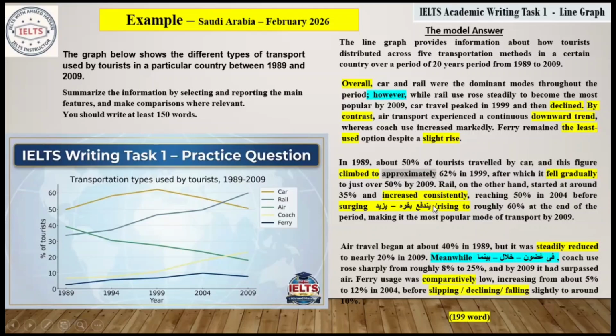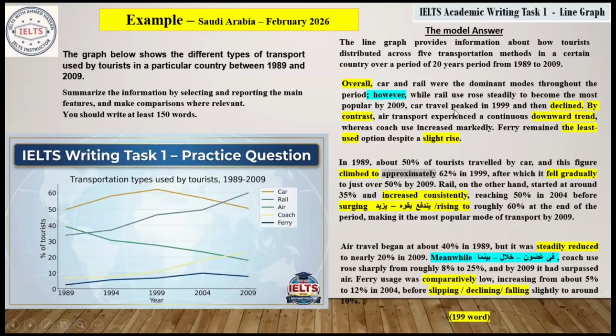If you see the word counting, you will find it. I want to ask you one question about this sentence. Car and rail were the dominant modes throughout the period. However, rail rose steadily to become the most popular.